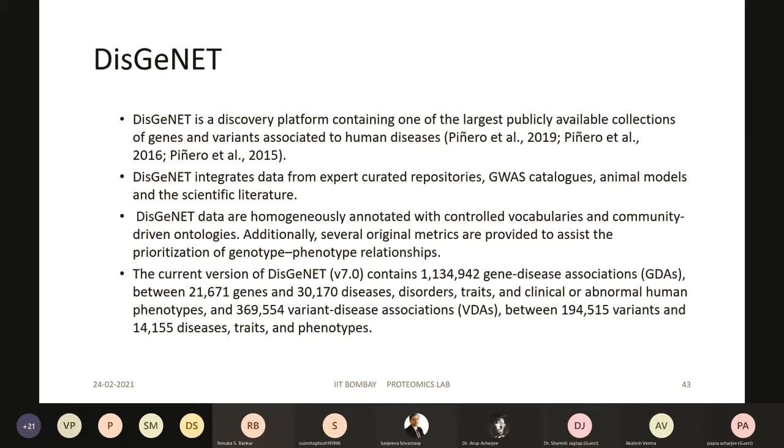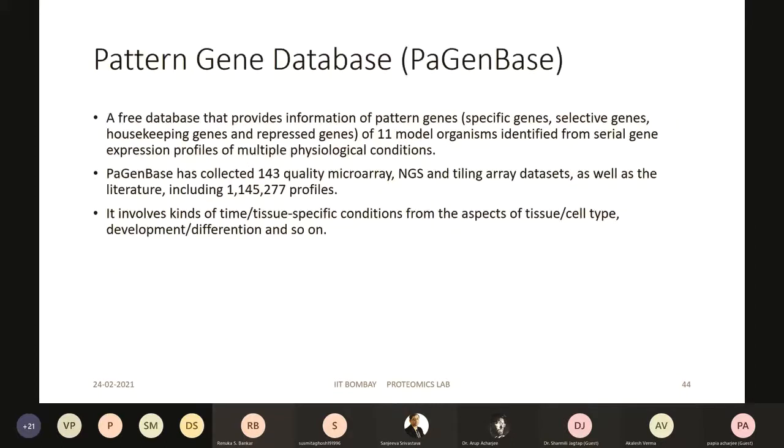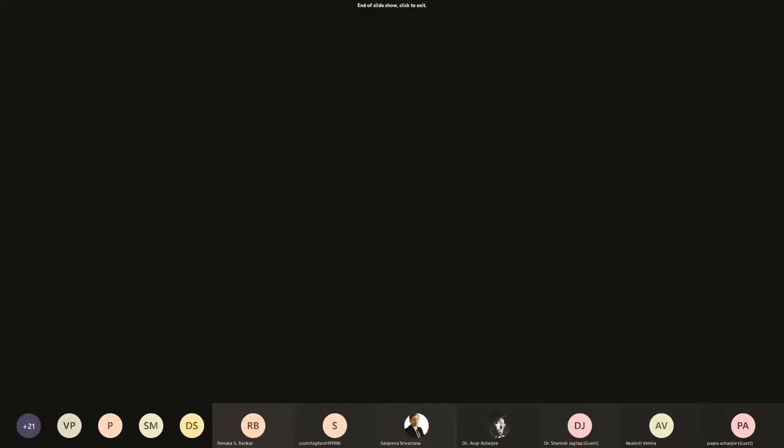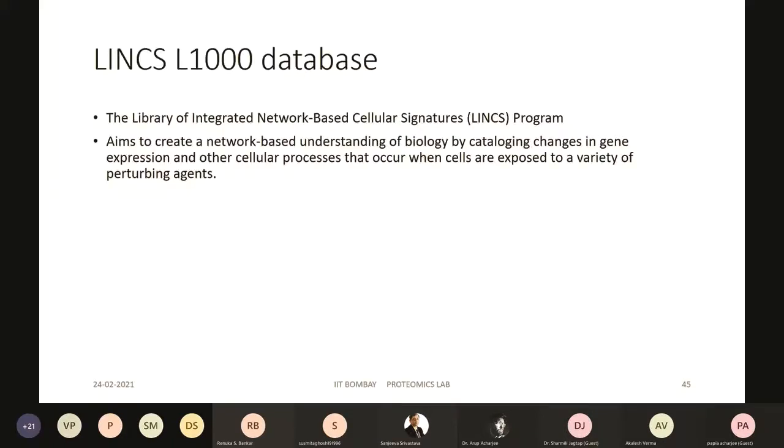So it is the largest publicly available collection of genes and variants associated with human diseases. Then there is the PaGenBase database. So it involves specific genes and selective housekeeping genes and repressed genes. So what Metascape allows you to do is run parallel enrichment pathways.